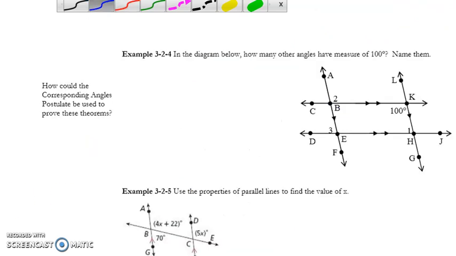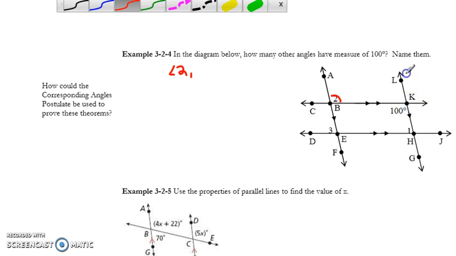All right, so this next one, if we look at its relationship, we're going to figure out how many other angles have a measure of 100, and we're going to name them. So if this is 100, then we know that it's alternate interior, so angle 2 is 100, or angle ABK, but it's written in there, we can just use its number. 100, let's see what else would be 100.